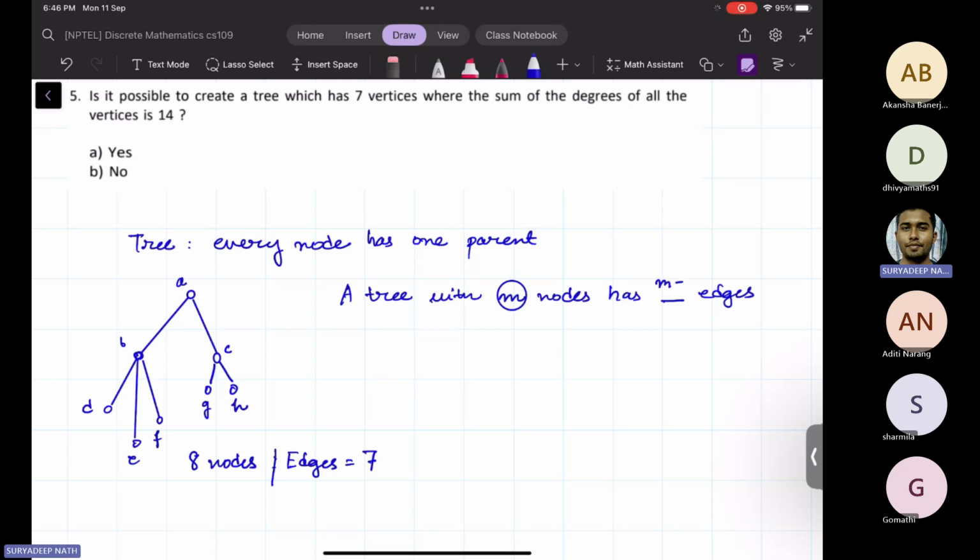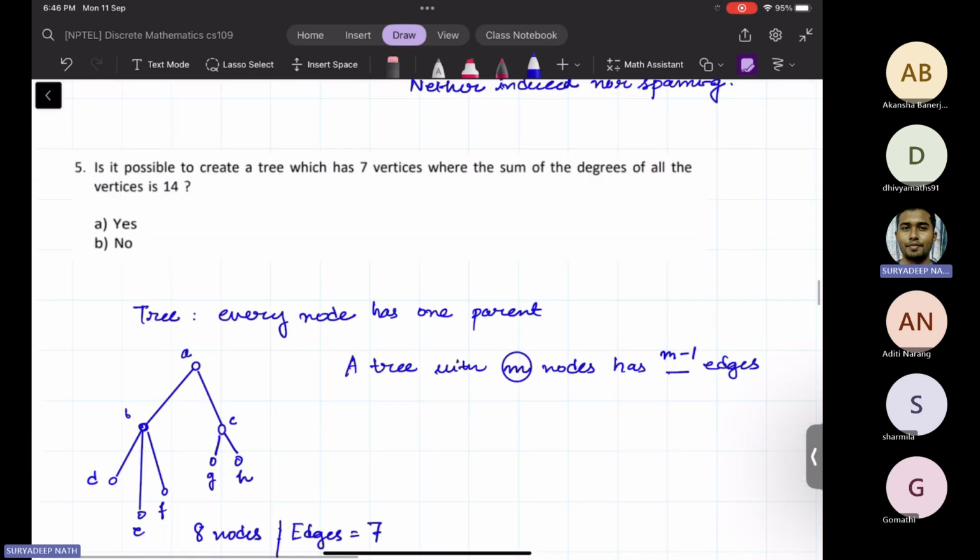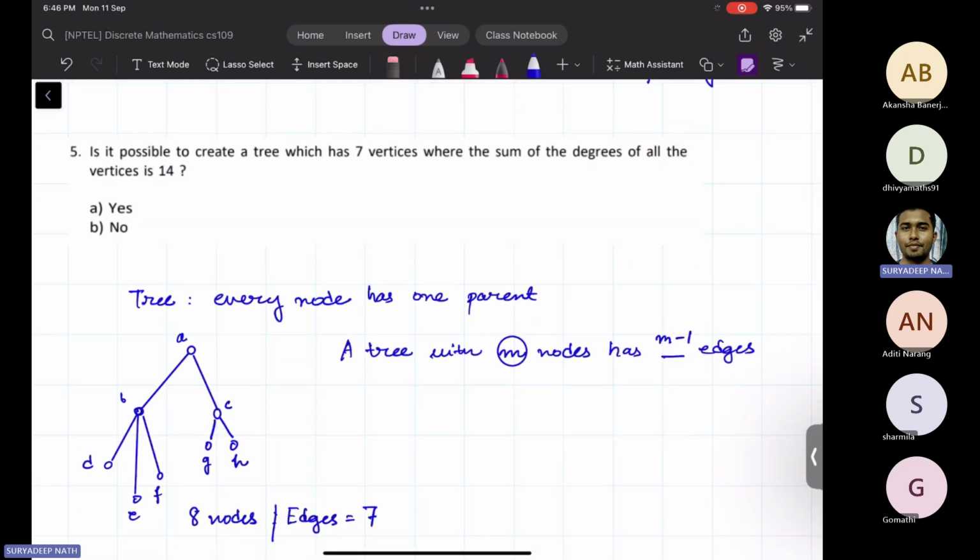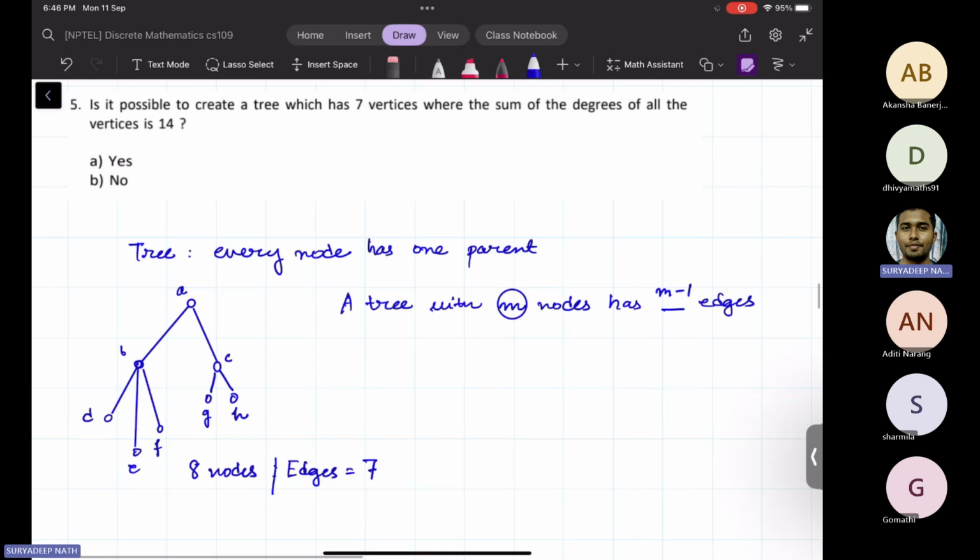So a tree will always have m minus 1 edges. So it's unlike a graph where it can be varying. A tree with m nodes will always have m minus 1 edges. So therefore sum of degrees would be twice m minus 1.